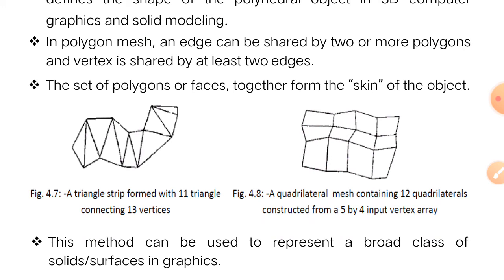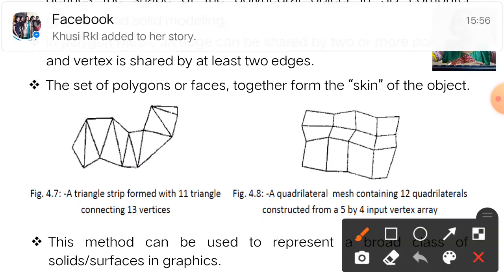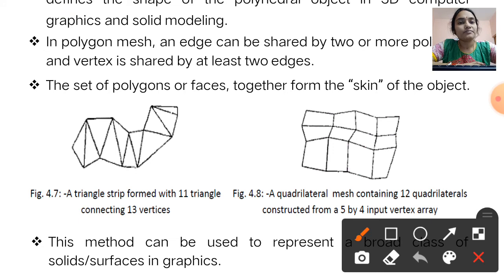In this figure, a number of triangles are there. Here, 11 triangles are there. That means 11 triangle strips are there. Using the 11 triangle strips, this shape can be drawn.